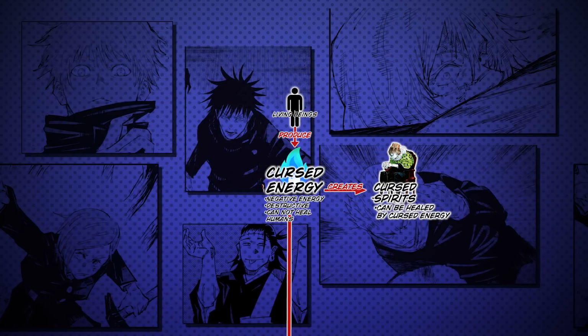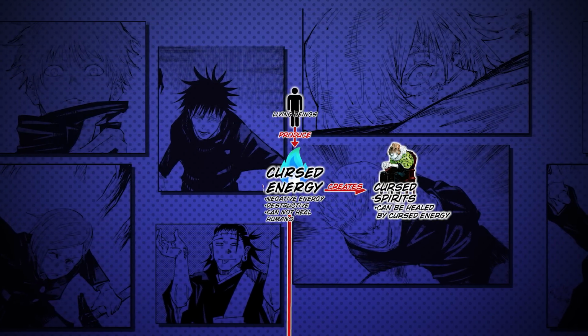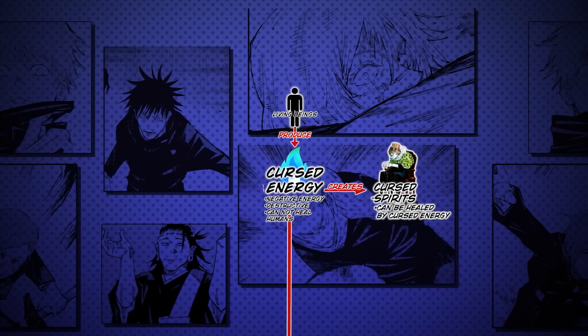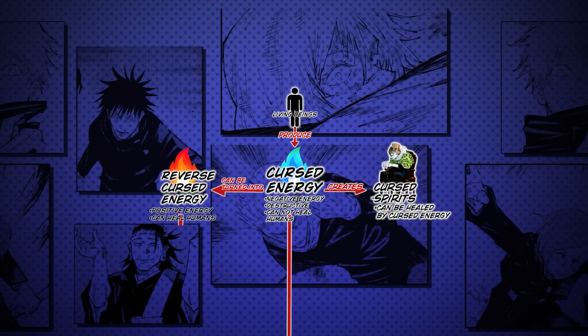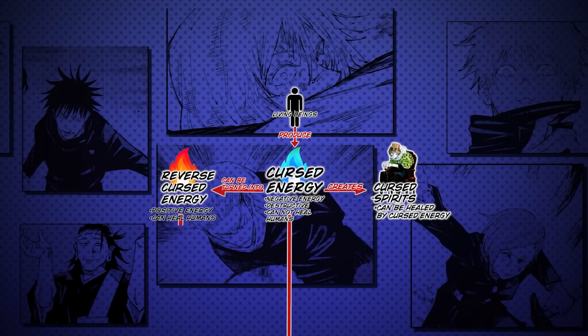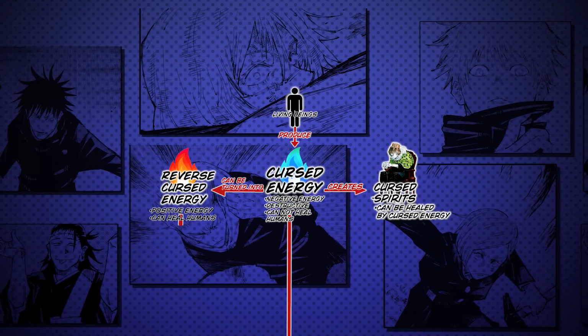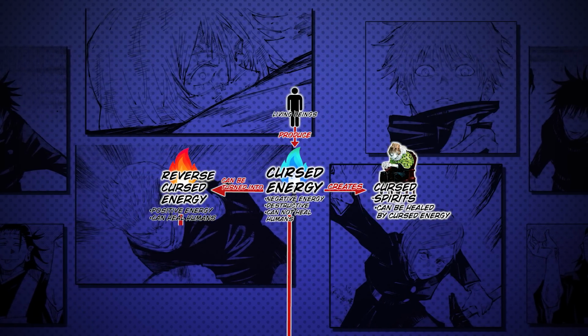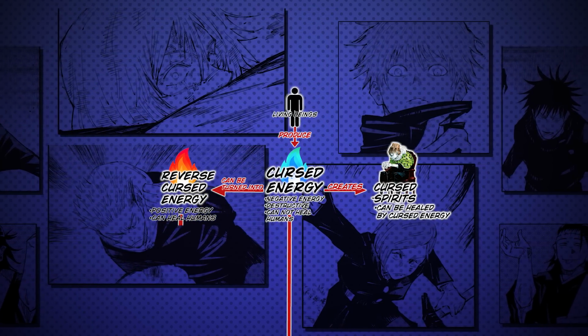If you multiply cursed energy with itself through a process that is pretty much gibberish on Akutami's part, so I will not cover it, you can turn cursed energy into reverse cursed energy, which is positive energy that can heal human bodies. However, this is incredibly difficult and only very few sorcerers are capable of doing it.